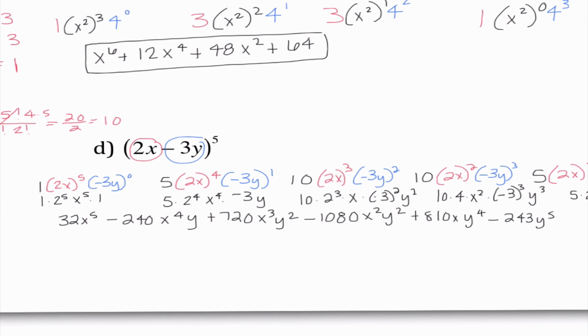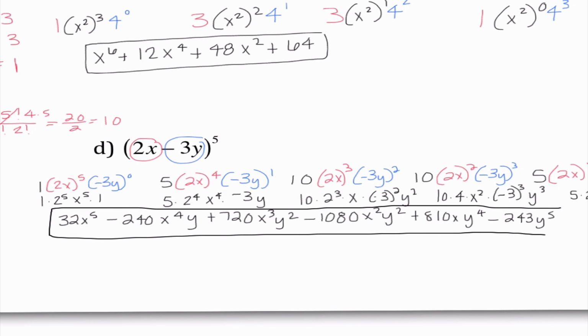So this would be our final answer. One thing I want to point out here, we have 1, 2, 3, 4, 5, 6 terms. That makes sense since n is 5 and we know it has to be one term higher than our n value.